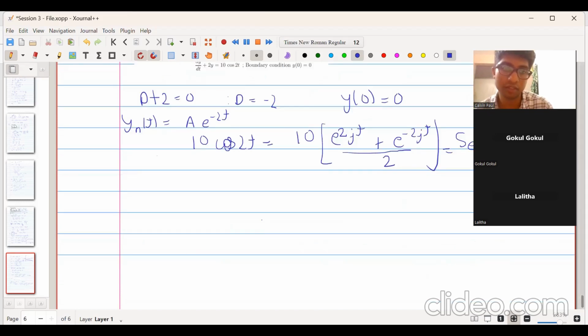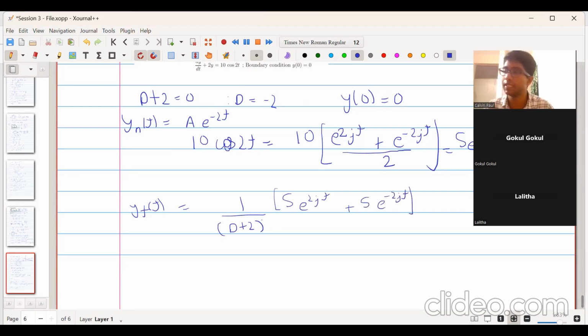Now they have told that y f of t is equal to 1 upon D plus 2 into the forcing function. That is 5 into e to the power 2jt plus 5 into e to the power minus 2jt. It is of this form. So when we take this differential term into this, what do we have to do?